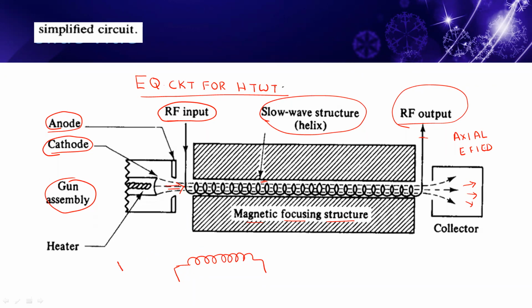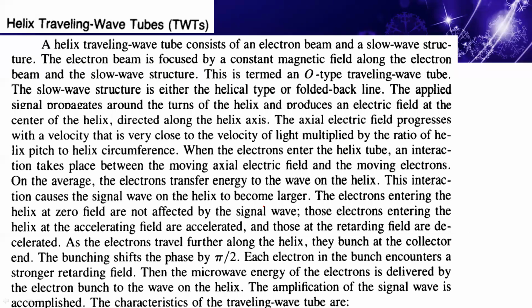Here capital P is equal to the helix pitch, simply called helix pitch. In between this space, all electrons are formed. They are able to provide the bunching mechanism.